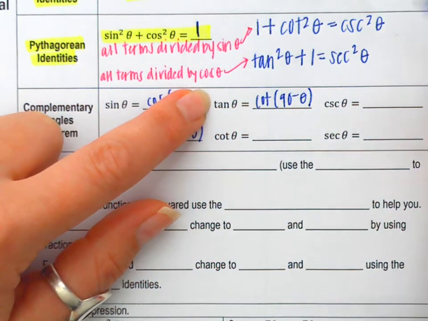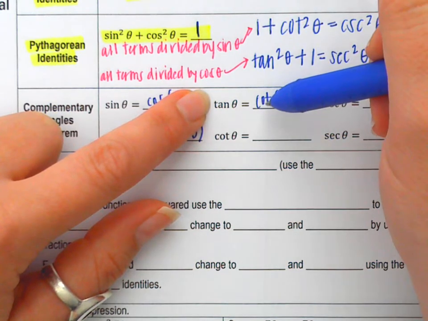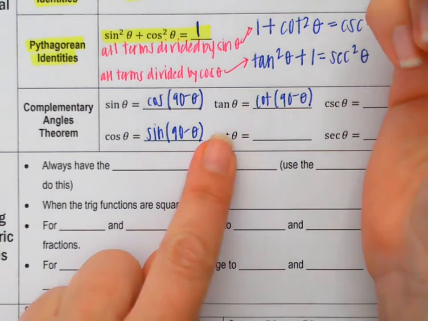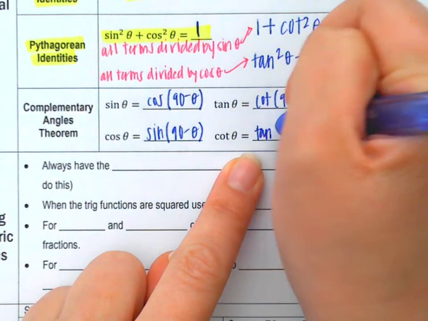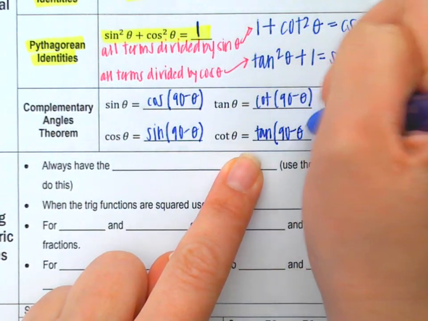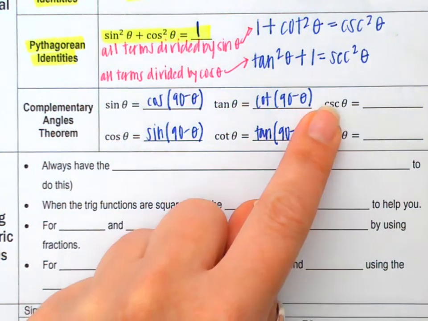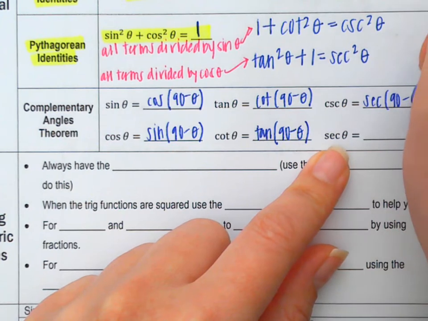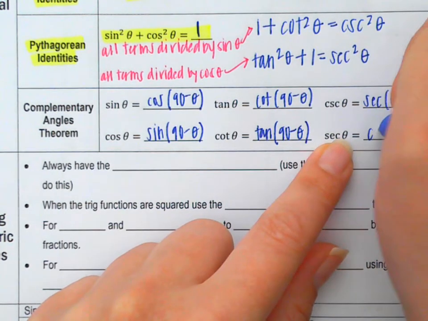So tangent of 40 would be equal to cotangent of 50. And then cotangent goes with tangent. Cosecant goes with secant. And then secant, of course, goes with cosecant.